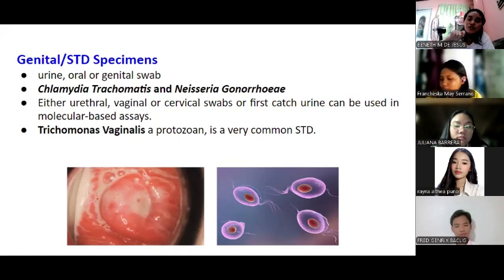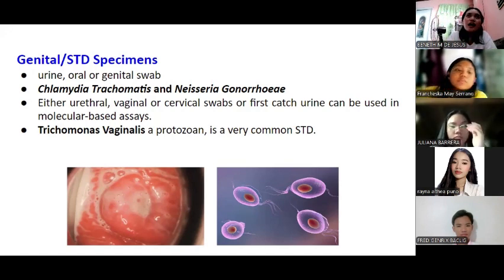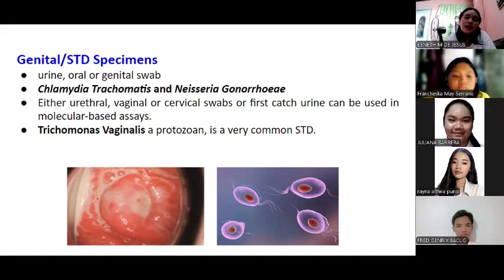Kukuha siya sa cervix. Iikutin niya yung parang brush-like yung itsura niya, tas parang cotton din, para malaman kung may sakit ba, kung may STD ba yung babae.